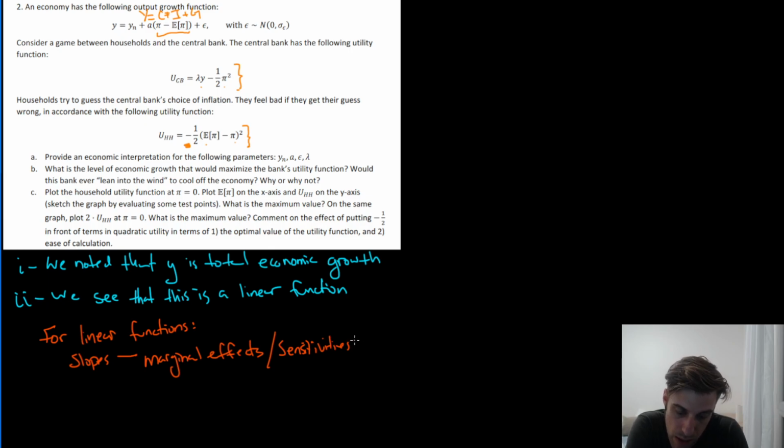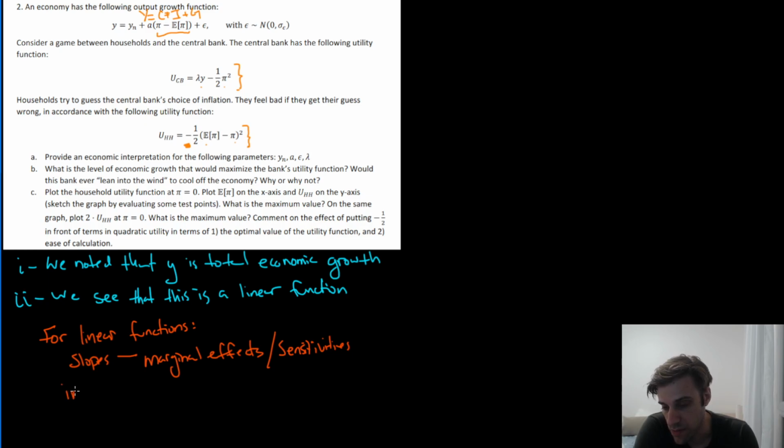I was going to say maybe they are elasticities, but you have to be very careful with that interpretation, so let's just leave it here. They are marginal effects, they're sensitivities. And these are words you should use when I ask you, what does this mean? You need to say something like this.